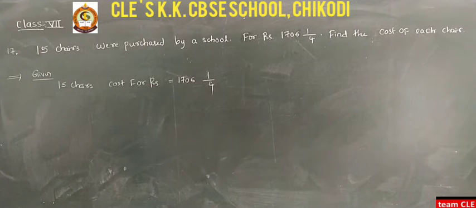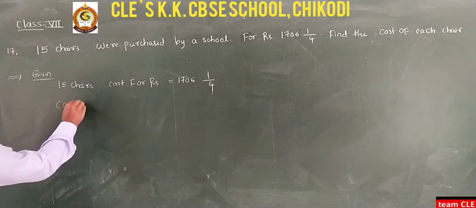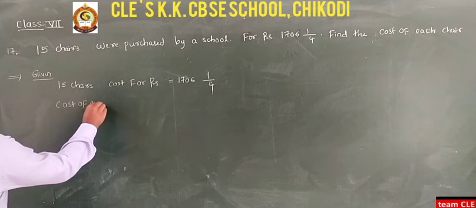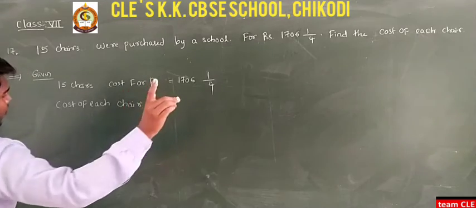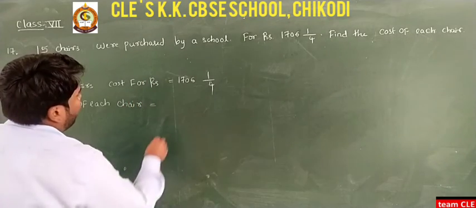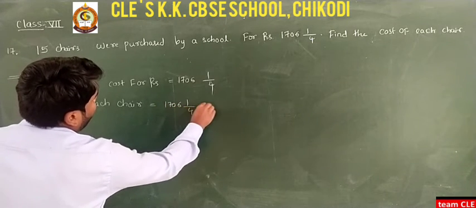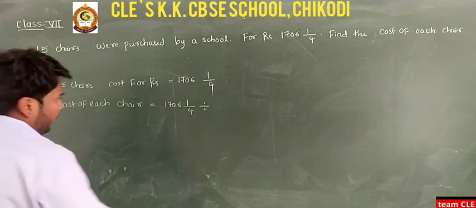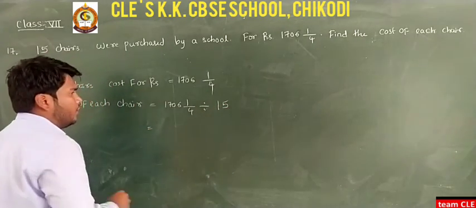Each chair means the cost of one chair. So the cost of each chair is 1706 integer 1/4 divided by 15. We have 15. So again, what do you see now?